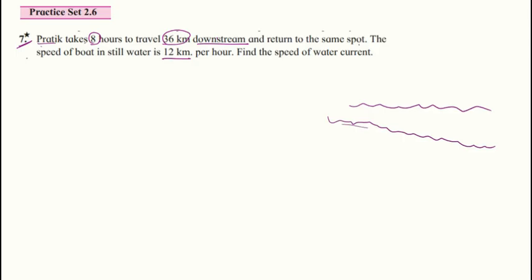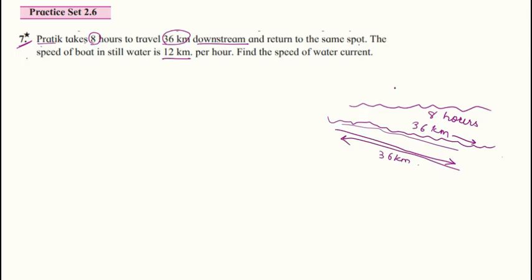It is 36 kilometer downstream, and he takes 8 hours to travel downstream and return back. In 8 hours he is going downstream and coming back, traveling 36 kilometers downstream and 36 kilometers upstream.